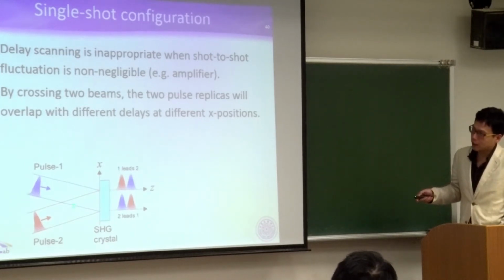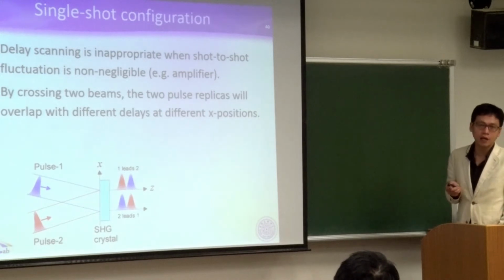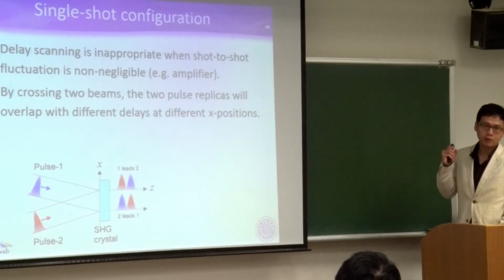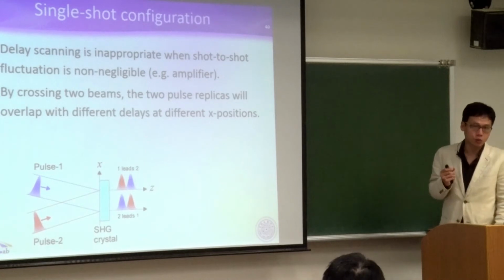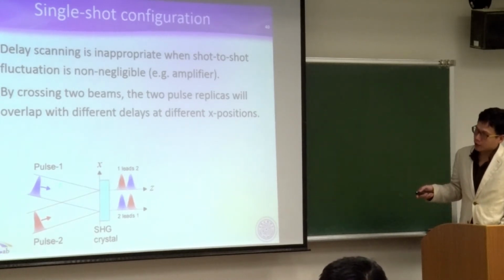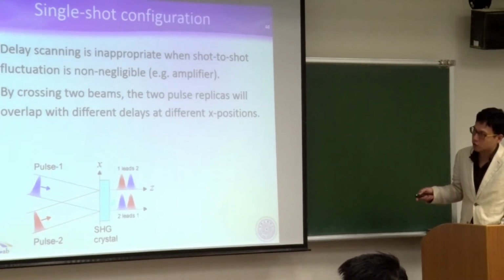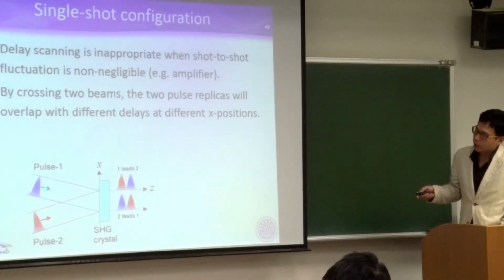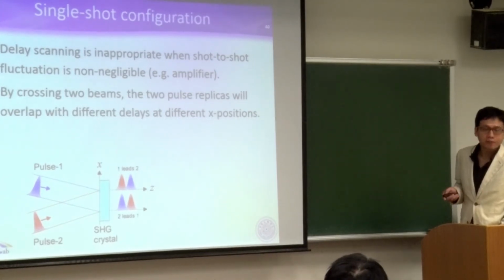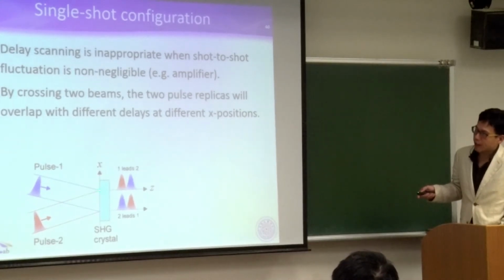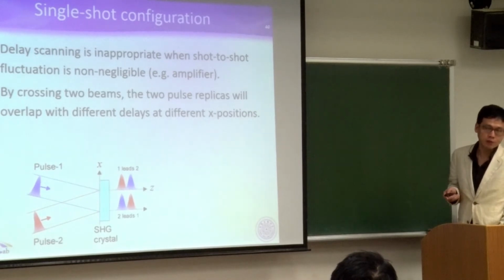So I use the two parallel blue lines to illustrate the finite beam size of pulse 1. Okay? So you can imagine when pulse 1 hits the plate or the SHG crystal here, when the blue pulse hits the crystal, the red pulse should be here. Okay? So you can imagine at this point, the blue pulse leads the red pulse, right?